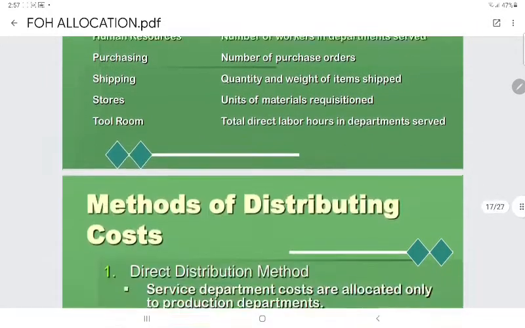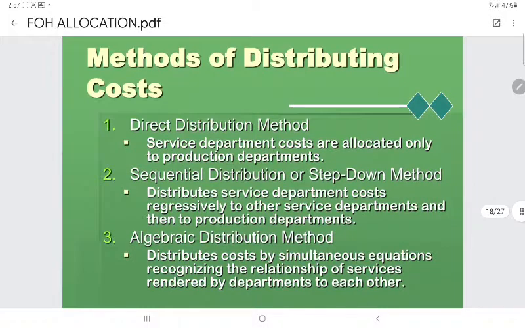Okay. Now, ito yung method. And there are other terms for this method. So, hanapin nyo nga kung ano yung other terms. Okay? So, dito, ano yung ginamit natin? You have direct distribution, sequential, and algebraic. Okay?